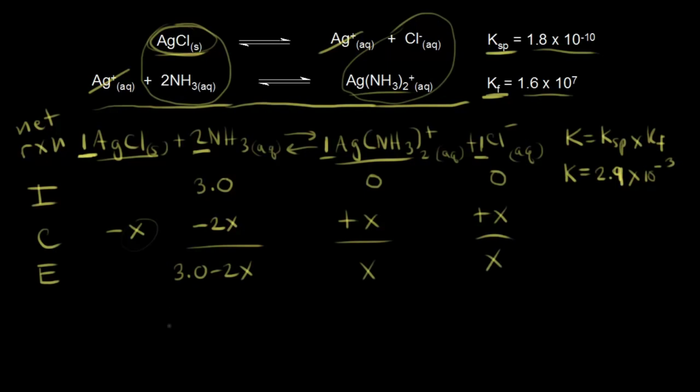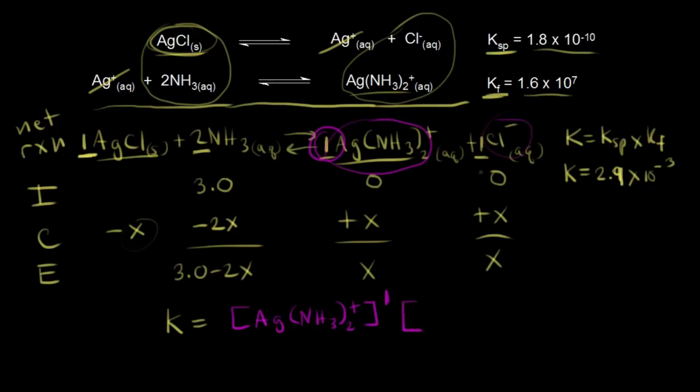Next, we write our equilibrium expression. K is equal to concentration of products over reactants. So I look at my complex ion, the concentration of our complex ion, raised to the power of the coefficient, so to the first power, times the concentration of chloride anion raised to the first power.